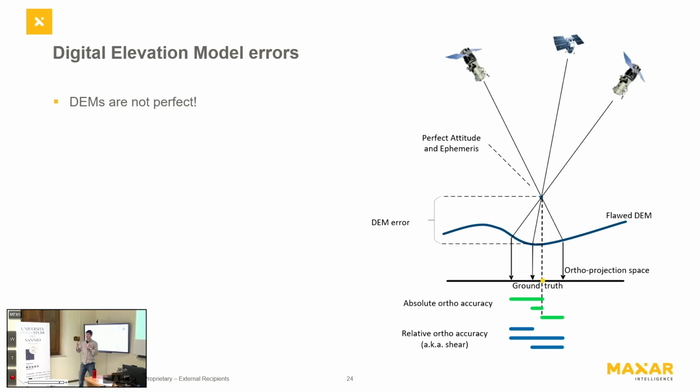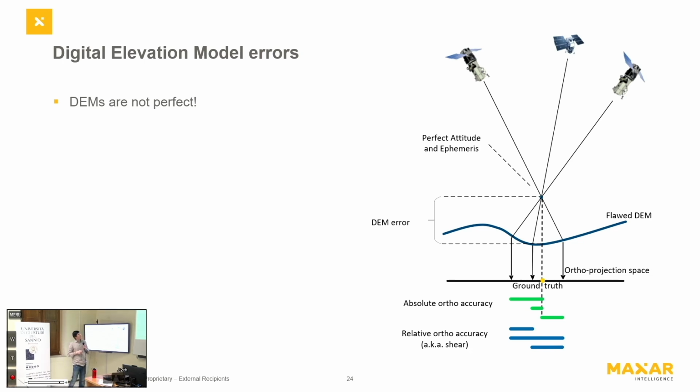So let's say that, for example, you are collecting a stereo image. So you collect one, then another, and the difference of the same point could be this one. Just because the DEM is not accurate, you are collecting from different viewing angles. That is generally called a shear.